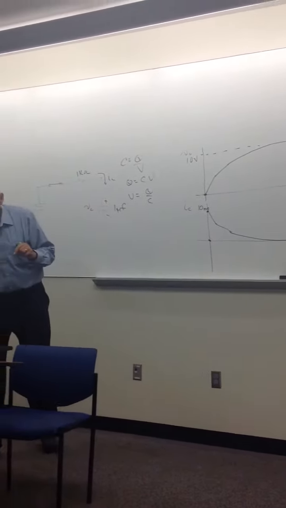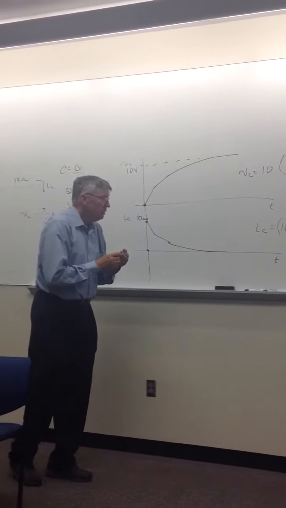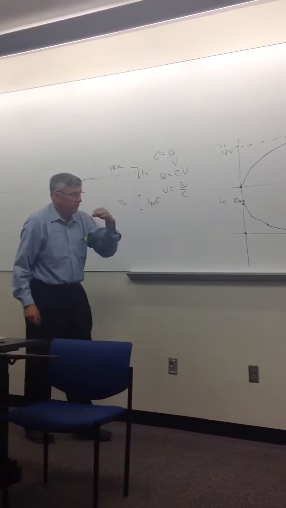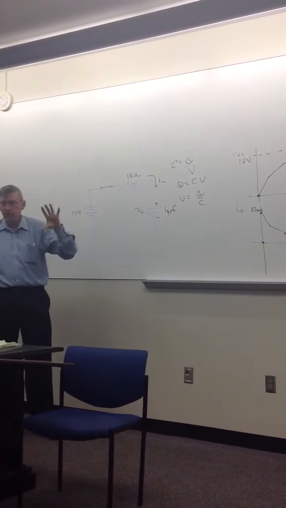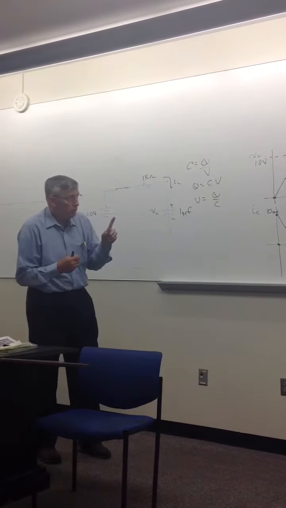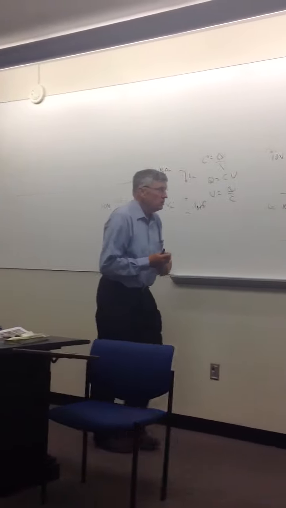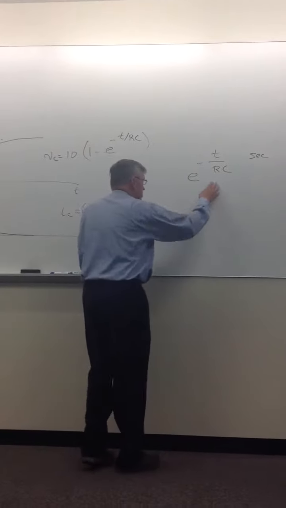So if you were to multiply R times C, you're going to come up with units of seconds. It's going to be time. And if you use the definition of R, volts divided by amps, and do a dimensional analysis, you'll find that R times C does give you units of time.